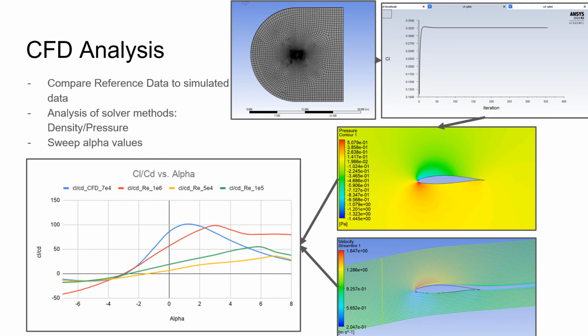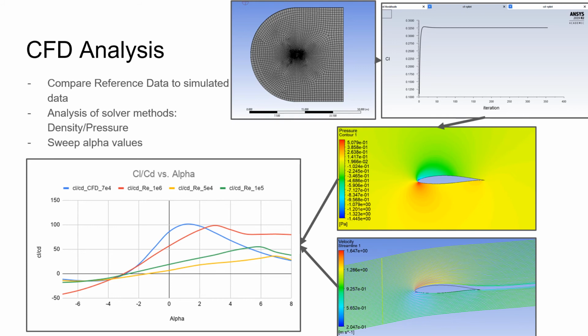So basically once we got our mesh, we went to our solver and we started with an analysis of our solver methods. ANSYS Fluent has two different types of methods, a density and pressure method. The density method is used mainly for higher subsonic Mach numbers and is used with compressible flow, while the pressure method is used for incompressible flow.